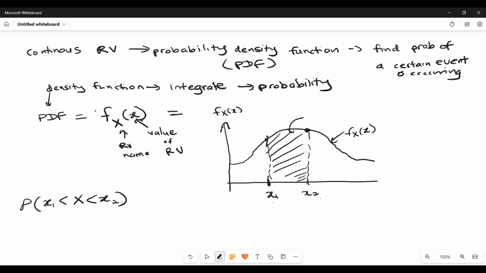We can take the probability of the outcome between x1 and x2, where it can be equal to x2 and not equal to x1, but higher than x1. Once we take it in this form, it is easy for us to find the value of this probability.